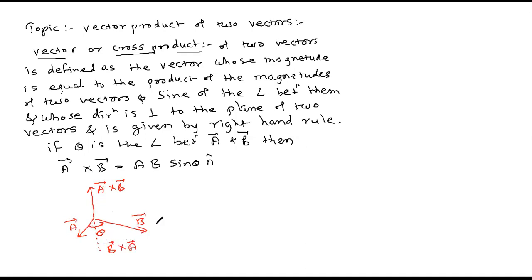So how will you explain this with the help of the right hand? Right hand rule: you just curl the finger from A to B. That is, curl the fingers of your right hand in such a way that they point in the direction of rotation from vector A to vector B through a smaller angle.